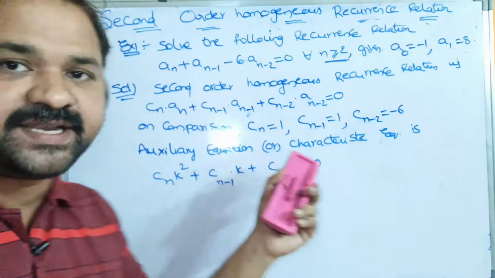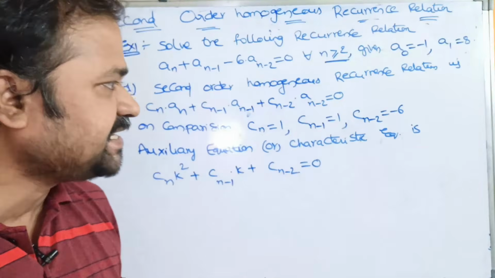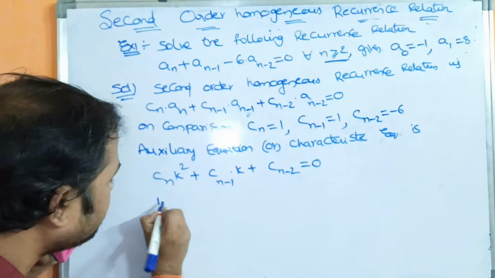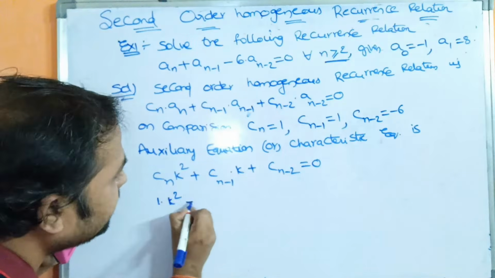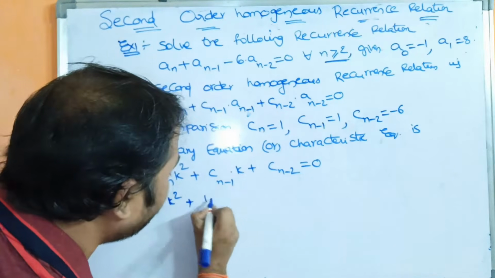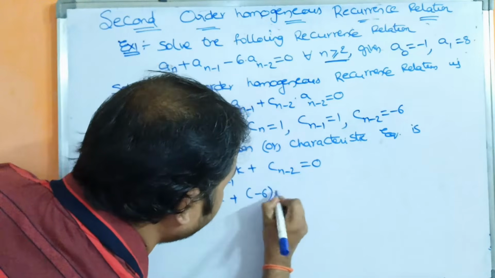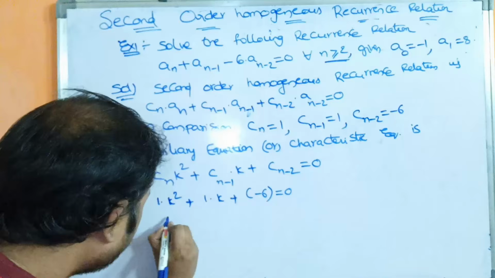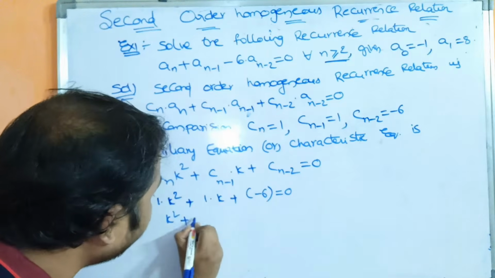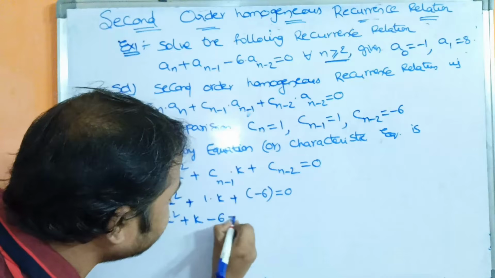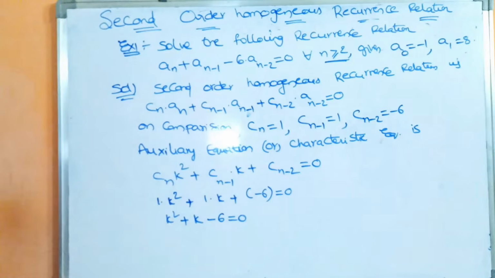Let us substitute the values. Cn is 1, so 1 into k square plus 1 into k plus minus 6 is equal to 0. So k square plus k minus 6 is equal to 0.